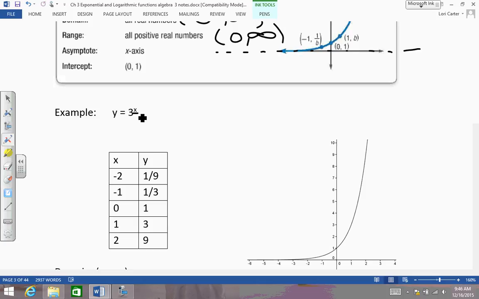If I take the absolute value and it's less than 1, I'm going to have a decay function. So if I had 1/4 for my base, that's a decay. If I had 5/6, less than 1, decay. But if I have 7/2, bigger than 1, growth. Understood? All right.